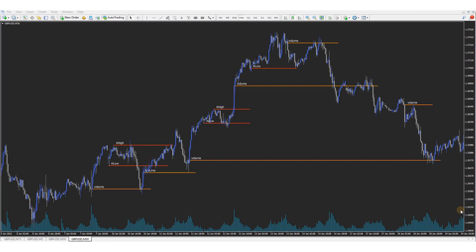And just after Frankfurt, I see a lot of players, even more on London. So I would say that the opening of Frankfurt is the maximum time where I want to see the high or low from the Asian session. So I use here also the week as the highest point where the price came.